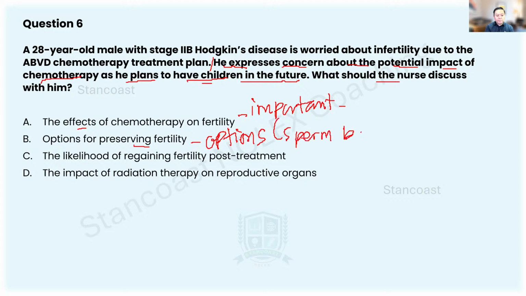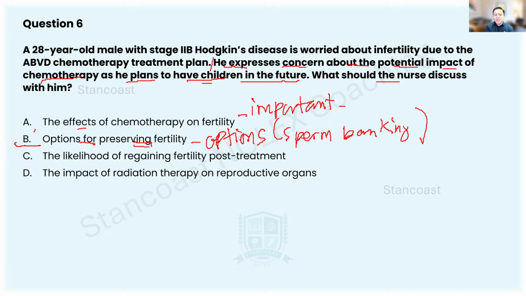Very important. So the patient will be given much more of an informed decision before they can start treatment, and so they can take much more proactive steps in order to preserve his fertility. So this is why letter B is the correct answer. Options for preserving fertility will precede the explanation about the effects of chemotherapy on their fertility.